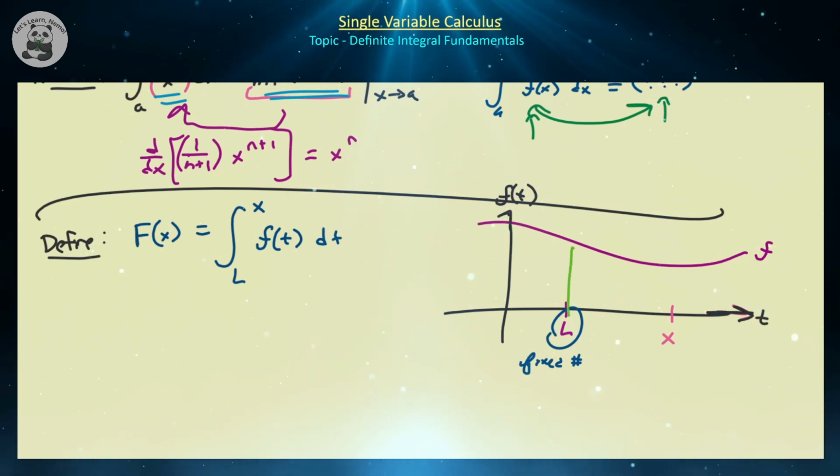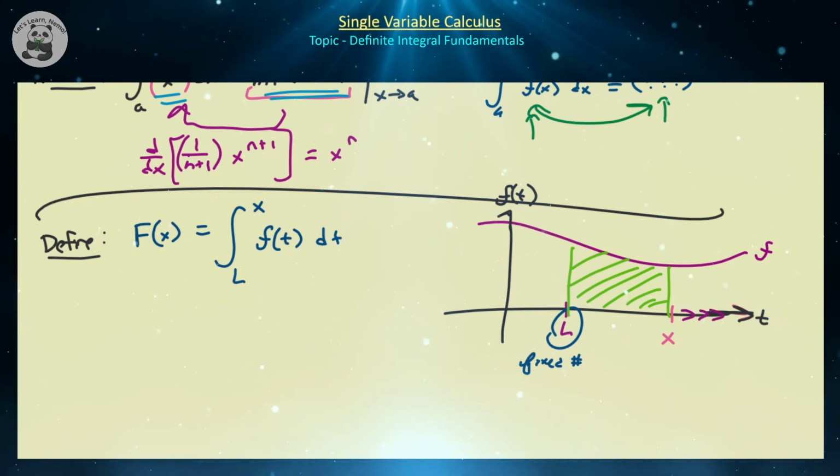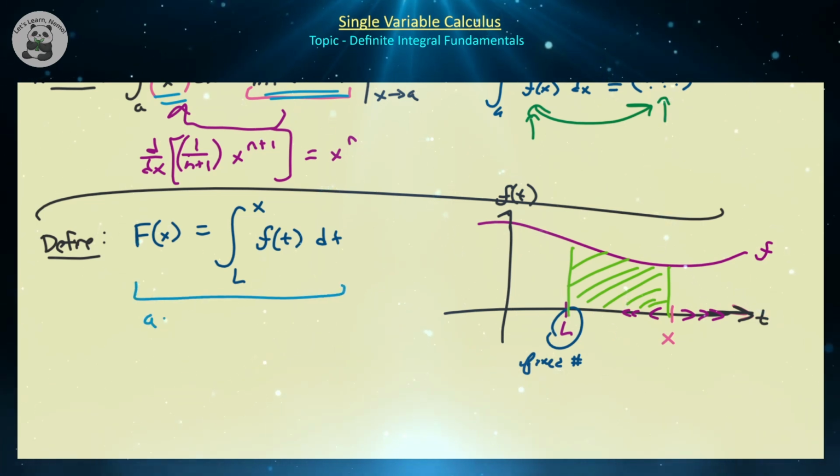So if I change my value of x, then my area will change as well. If my x moves forward in this picture, then my area will accumulate to something larger. If my x moves towards L, then my area in green should be decreasing, right?